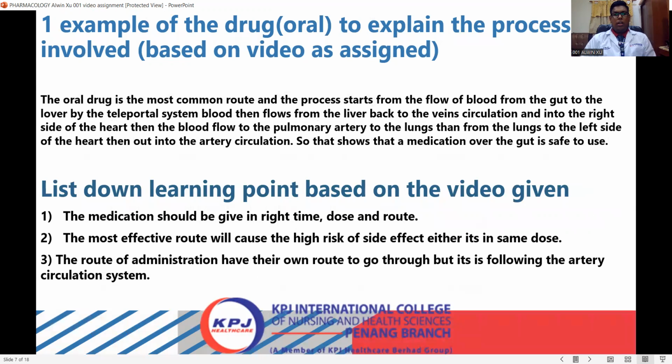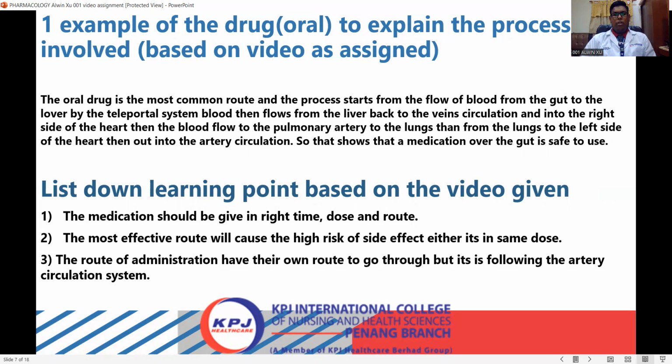One example of a drug route is oral, which I would like to explain in the process involved in the video assignment. The oral drug is the most common route and the process starts from the flow of blood from the gut to the liver by the hepatic portal system, then flows from the liver back to the venous circulation and into the right side of the heart.